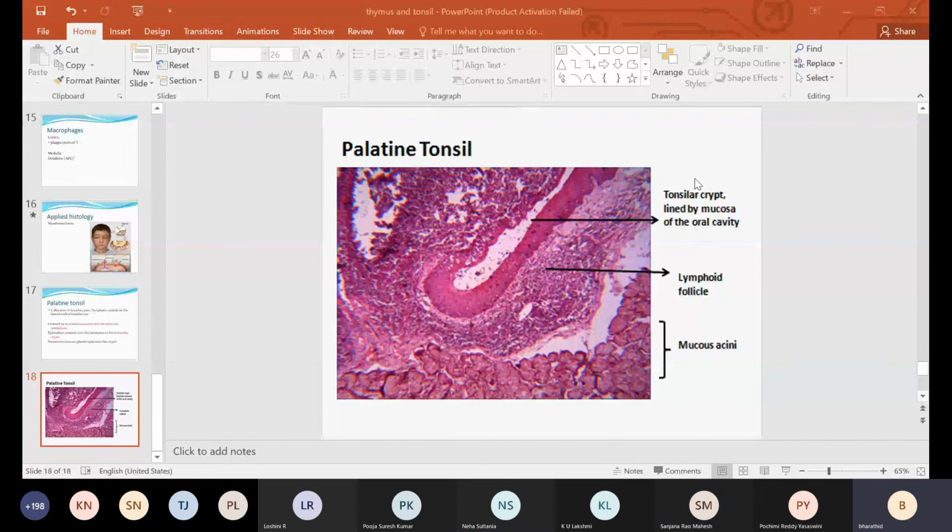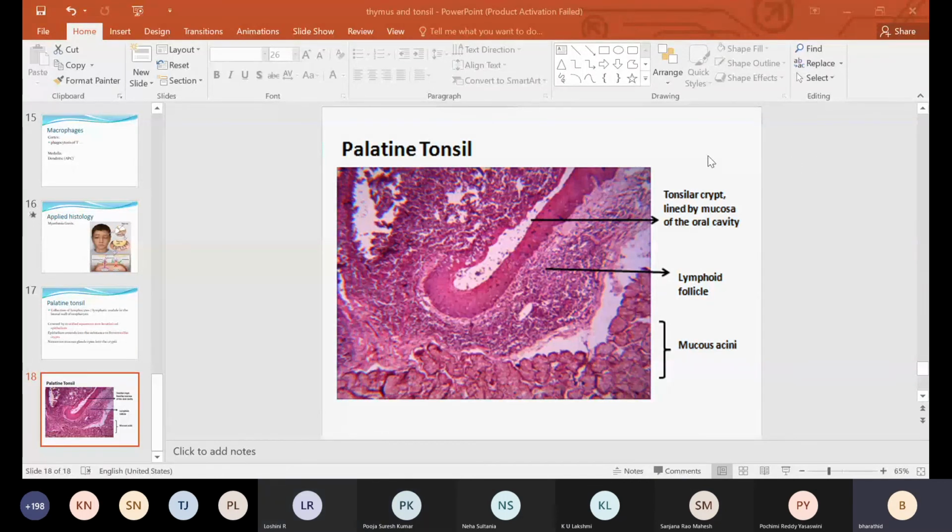You must know this: because it is in the oral cavity, it is lined by stratified squamous non-keratinized epithelium. What else? These crypts are surrounded by what? Lymphoid tissue. Yes, lymphoid follicles and mucus acini.